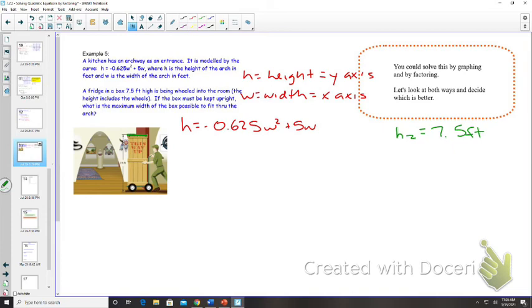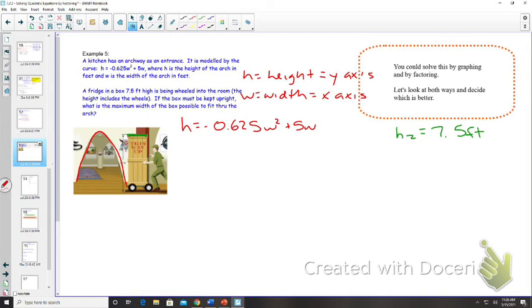If the box must be kept upright, what is the maximum width of the box possible to fit through the archway? Okay, so here's our parabola, which is modeled by this equation here.